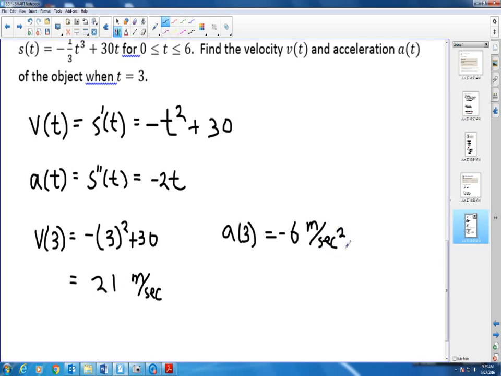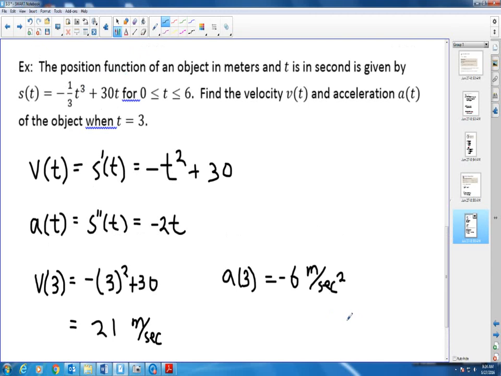That's my acceleration. Since I got a negative acceleration, a lot of times that refers to either slowing down or free fall. It depends on what the object is doing. It doesn't say right here.